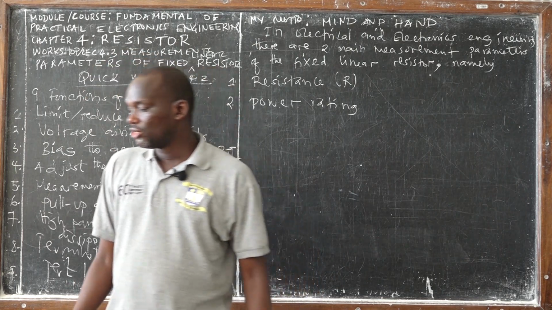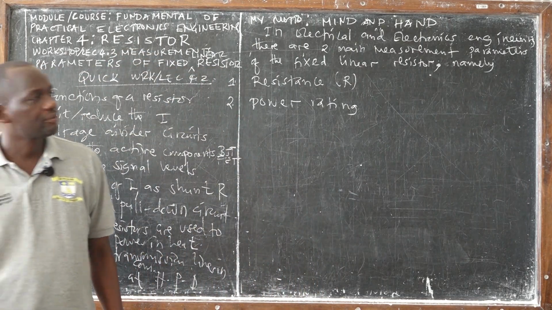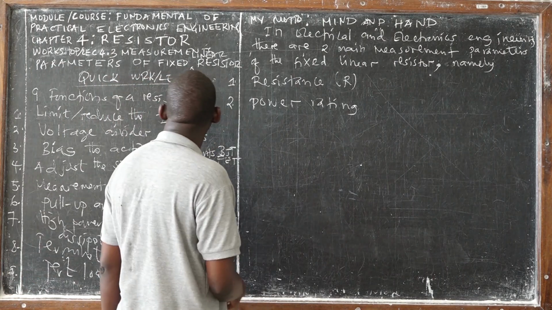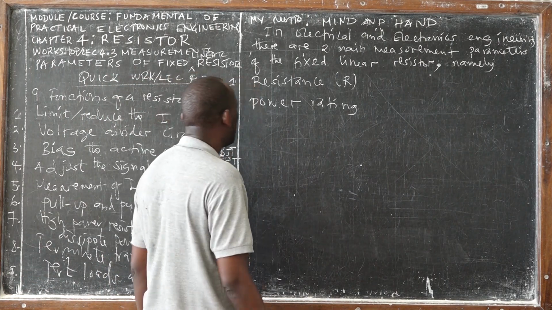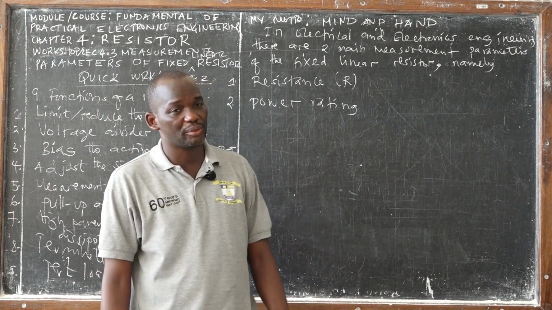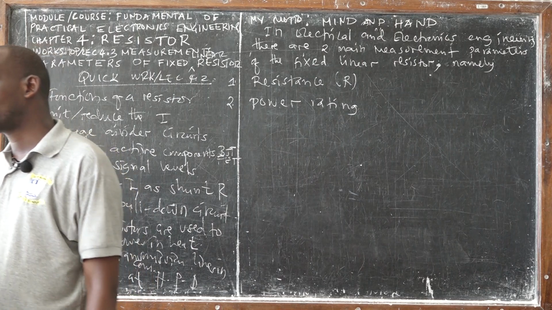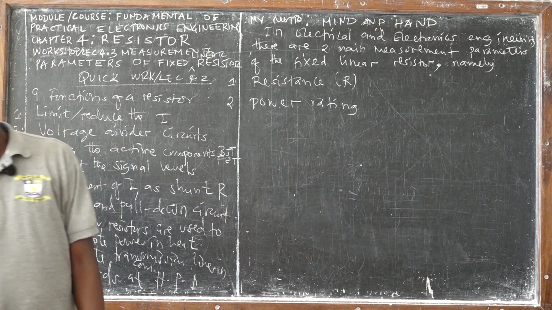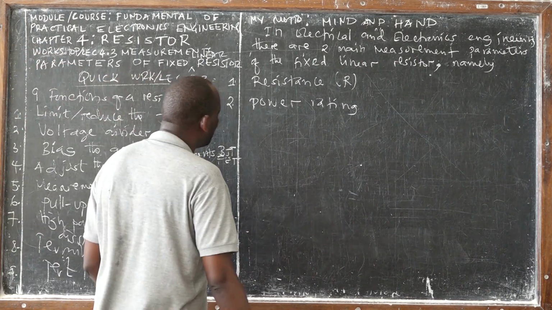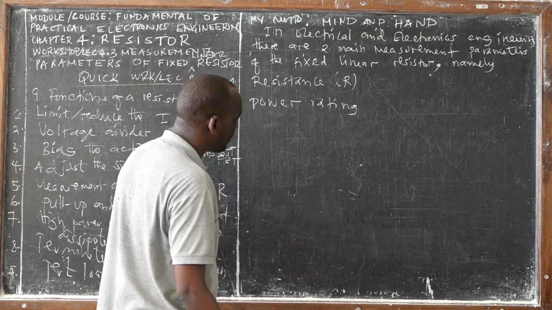Yes. So in this workshop 4.3, or this lecture, we are going to discuss the first measurement parameter. Then in workshop 4.4, we'll be discussing power ratings and other issues, and also the parameter of resistance in detail.